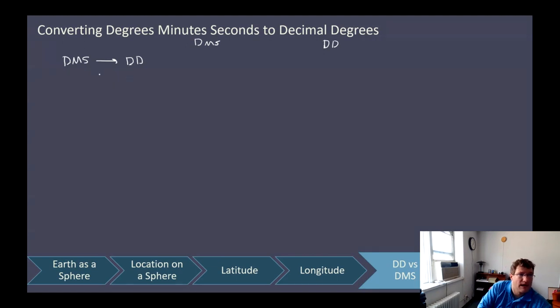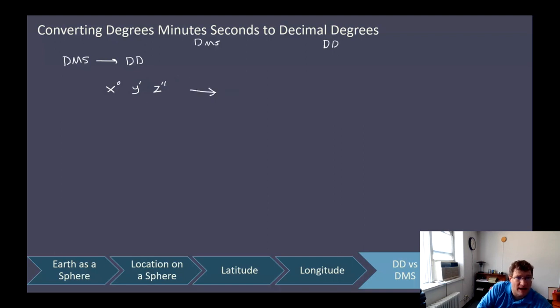Right. And so with degrees, minutes, seconds, what you're going to have is X degrees, Y minutes, and Z seconds, right?